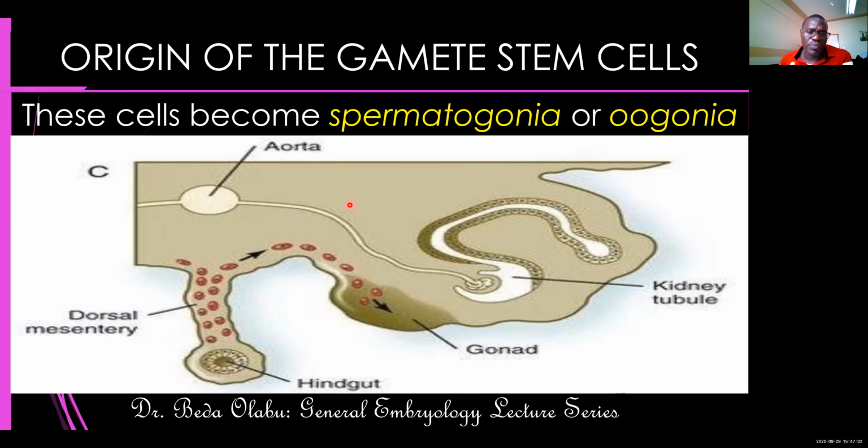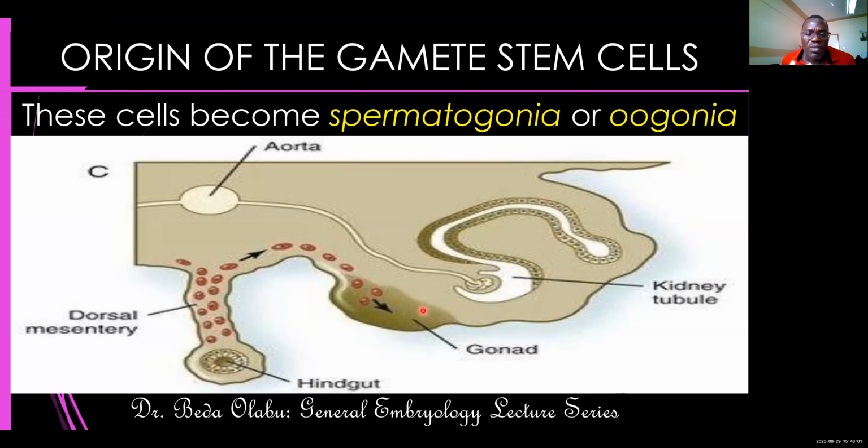Right, so I've said that the primordial germ cells come from what we call the yolk sac and allantois. These cells invade the developing gonad prenatally. So they migrate from yolk sac and allantois and invade the developing gonad prenatally. If this gonad is the testis, then those primordial germ cells become spermatogonia.